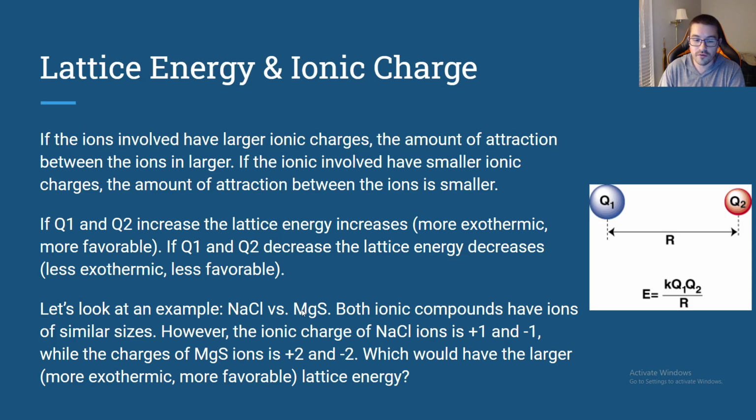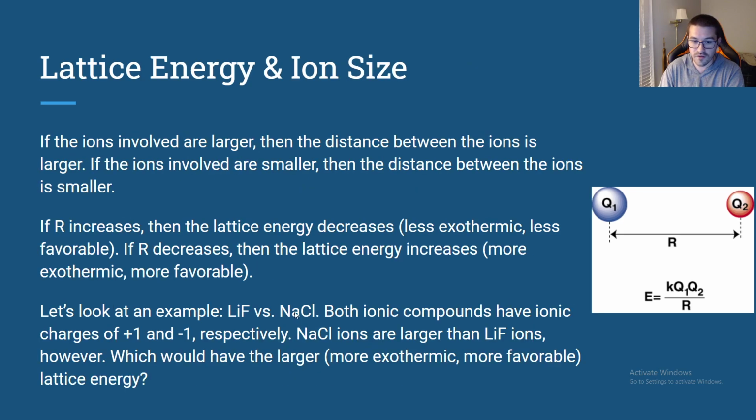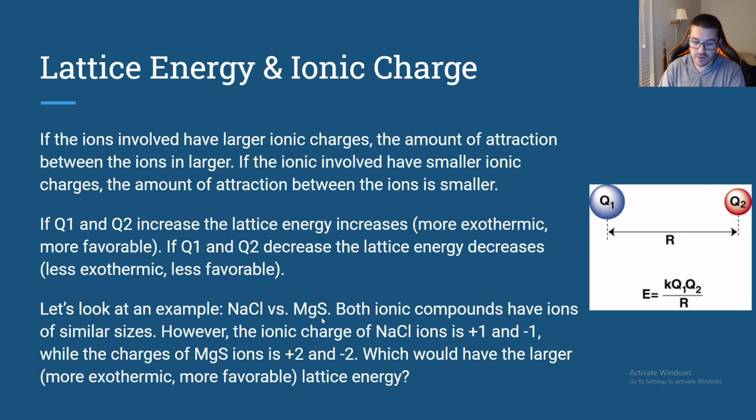Huge increase. The increase on the previous slide with the distance difference was only about 250. This difference is more like, I don't know, 2,700, something like 2,600. So why the big difference?